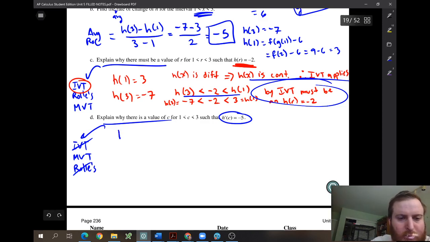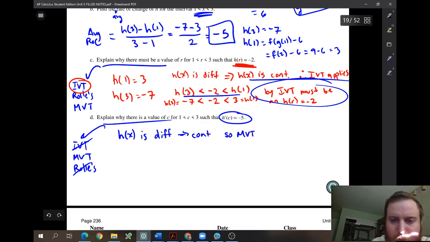Well, we know h of x is differentiable. The question told us that. So if h of x is differentiable, then it's also continuous. So MVT applies. Therefore, we know that h prime of c has to equal h of 3 minus h of 1 over 3 minus 1 by MVT.